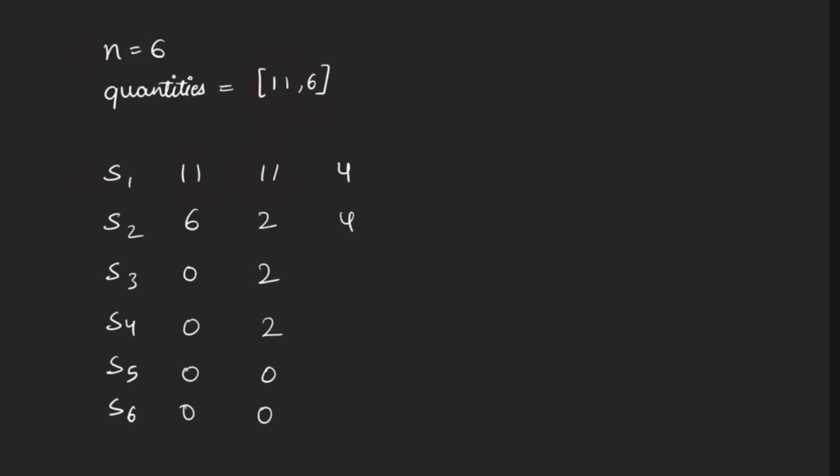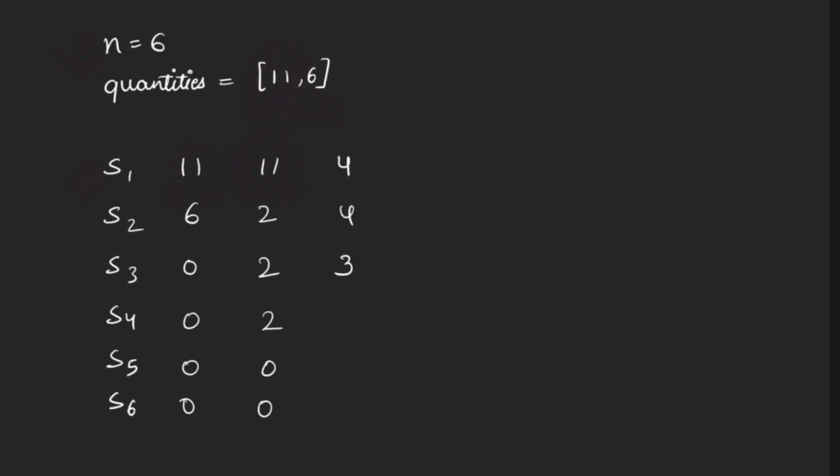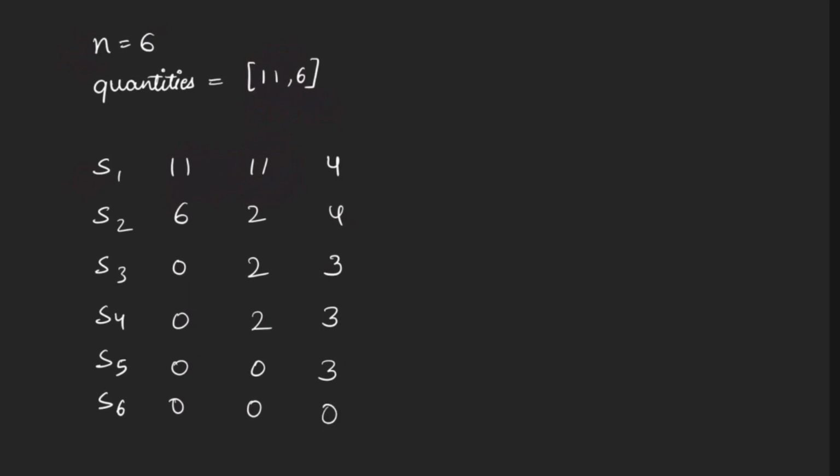Then 3 are remaining, so I give 3 to S3, and for the second product type I give 3 to this store and 3 to this store. So this will have 0 now. The other combination is that for this 11, I give 3 to S1, 3 to S2, 3 to S3, and the remaining 2 to S4. So 11 is completed. And then for 6, I give 3 to S5 and 3 to S6.